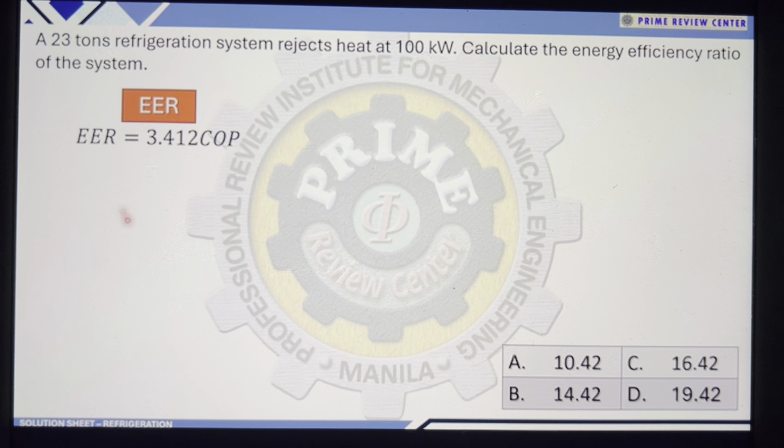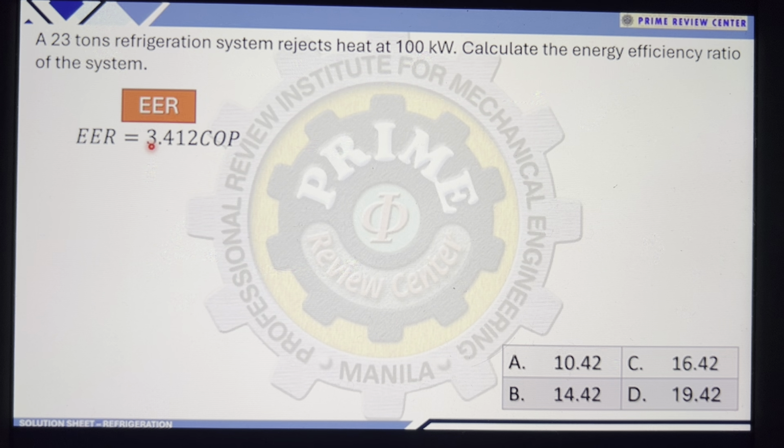The only difference is yung units na ginagamit. So, EER is basically COP, but ang units nito ay naka-BTU per kilowatt hour, di ba? So in that way, meron siyang additional conversion factor which is 3.412 times COP. Ayan yan yung conversion factor natin.